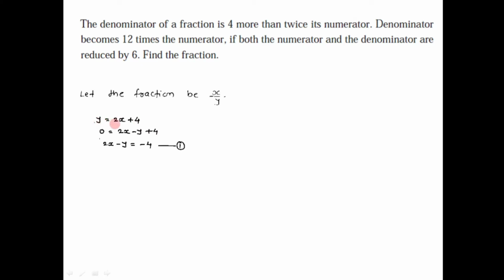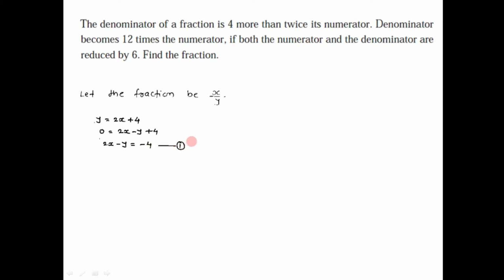If we transfer y to the right hand side, we get 0 is equal to 2x minus y plus 4. Again, if we transfer plus 4 to the left hand side, we get 2x minus y is equal to minus 4. So this is equation number 1.